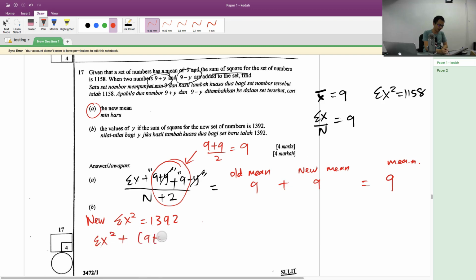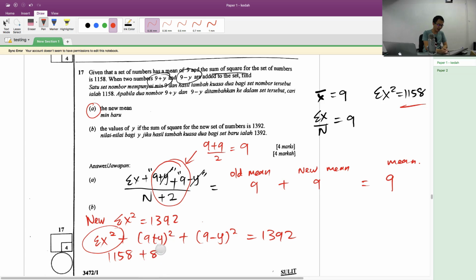this number squared, because this is a new number added in. So I will get 1392. Then I just solve this equation. My old sum of x squared is 1158, and then I expand the brackets.